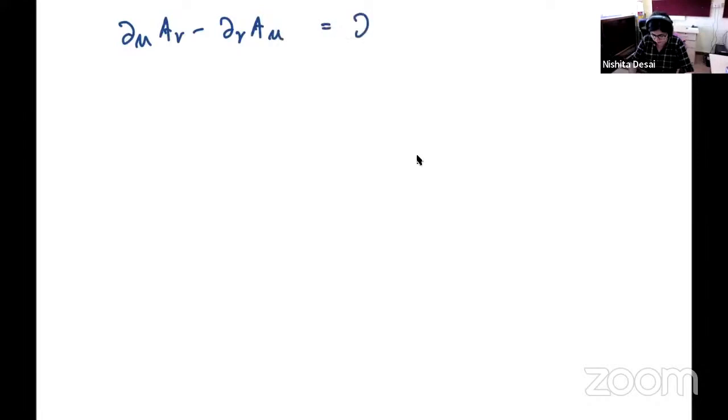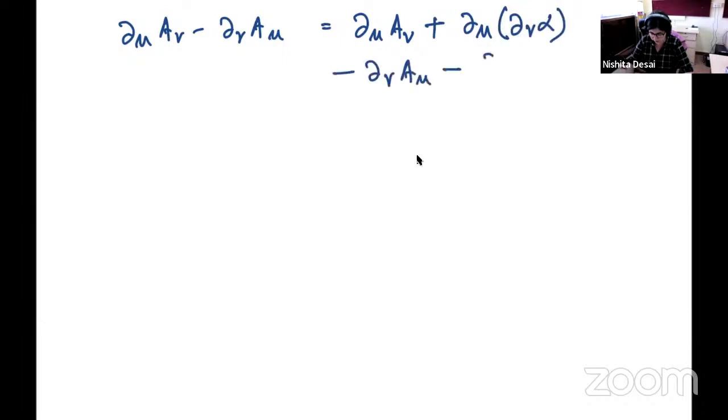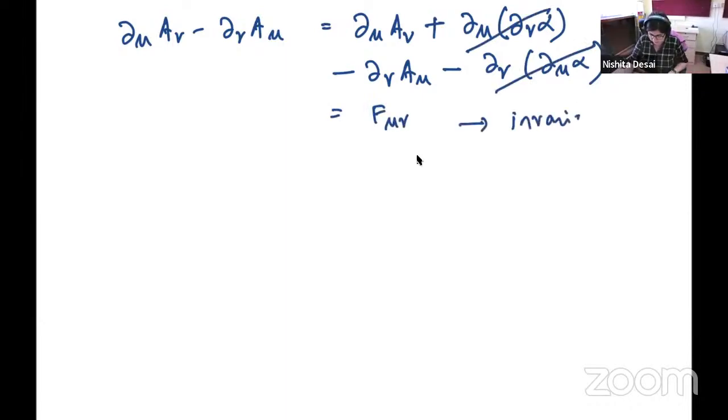So the first term will give you del mu A nu plus del mu del nu alpha. And then you have del nu A mu minus del nu del mu alpha. And since del mu and del nu commute, these last two terms will cancel out. Right? So you will just get F mu nu. So this tells you that this is an invariant quantity.